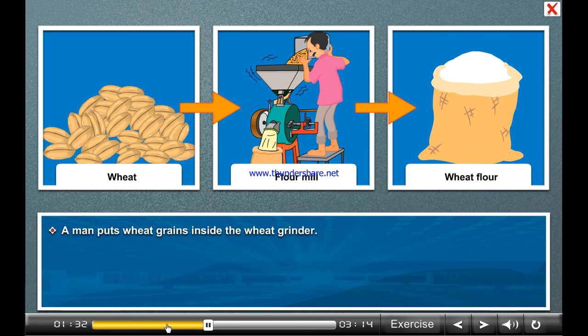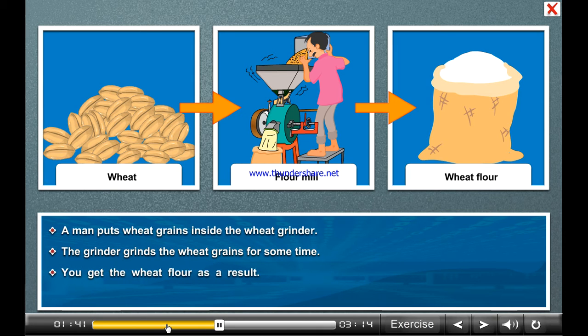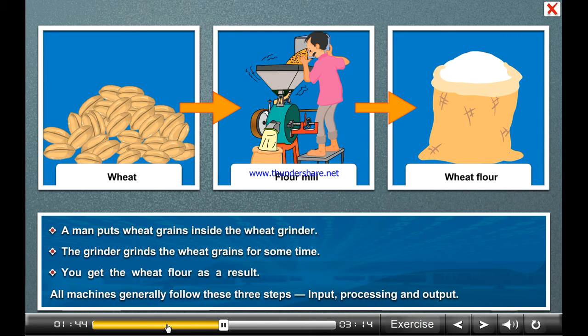First, a man puts wheat grains inside the wheat grinder. The grinder then grinds the wheat grains for some time. You get the wheat flour as a result. All machines generally follow these 3 steps: input, processing, and output.